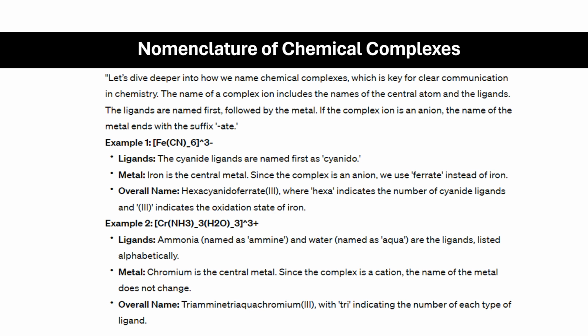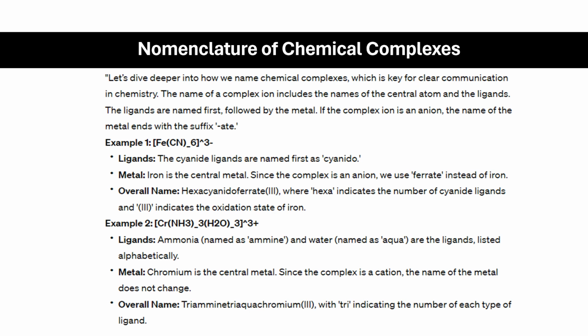So let's now have example number 2, involving chromium and ammonia. Let's name first the ligands. It's a slightly complicated coordination compound. The ligands are ammonia, which would be ammine, and water, which is aqua, and those are the two ligands here. The net charge is positive 3, so we don't have to name it as chromate.